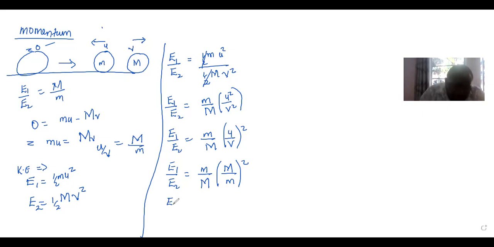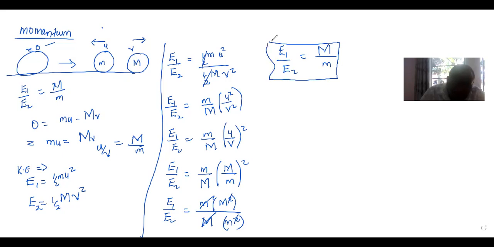So finally, you have E1 over E2 equal to small m capital M squared over capital M small m squared. You lose one capital M, lose one small m. So finally, the ratio of the energies E1 to E2 is equal to capital M over small m. Hence proved. Okay, so that's the solution for number 4.